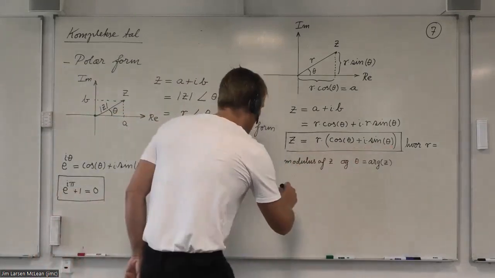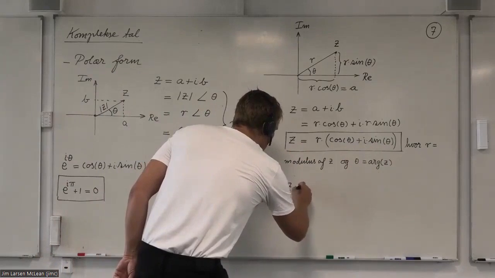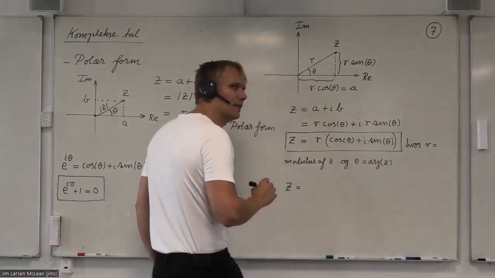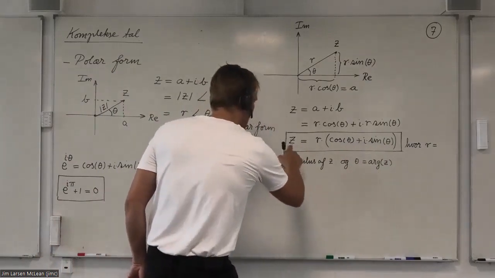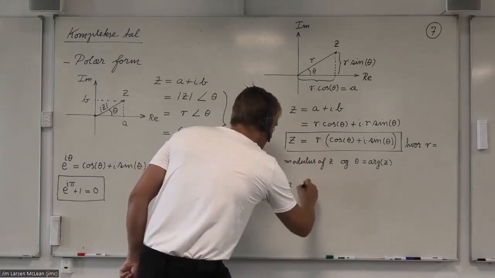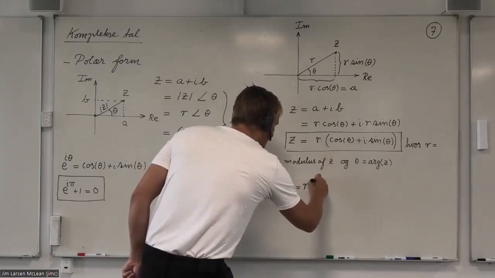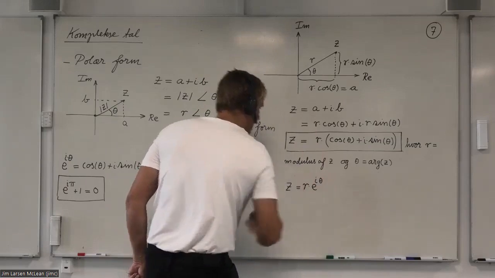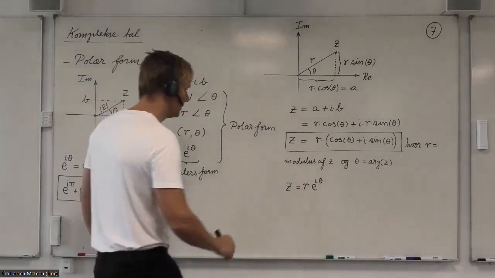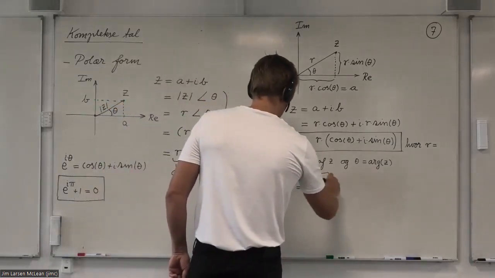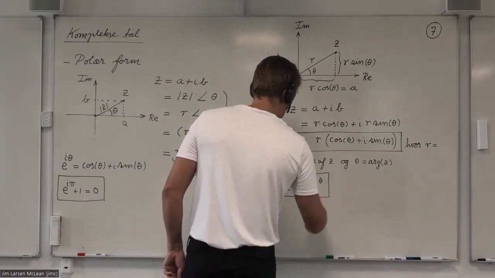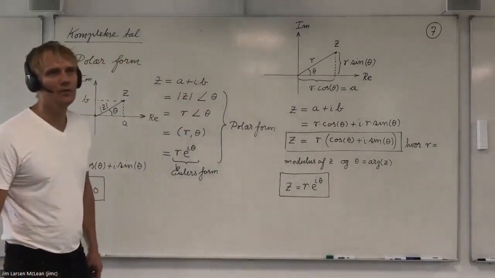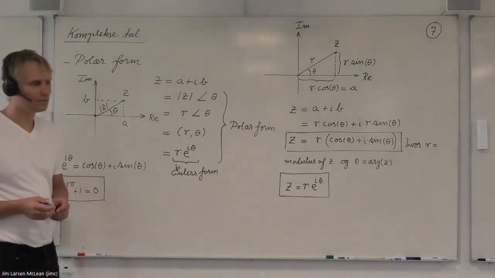So for now, we can believe, even though it hasn't been proven, that it might be correct to express z as r times e to the i theta. And we haven't proven that yet, because it won't be until the very last course that we'll be able to prove it. But for now, we're just taking it at face value.